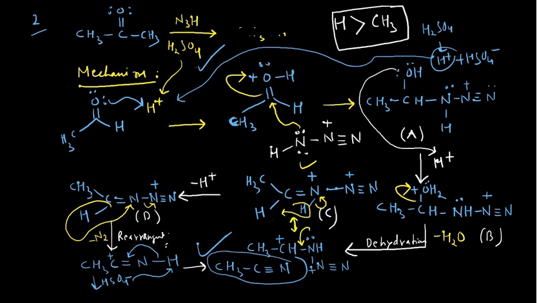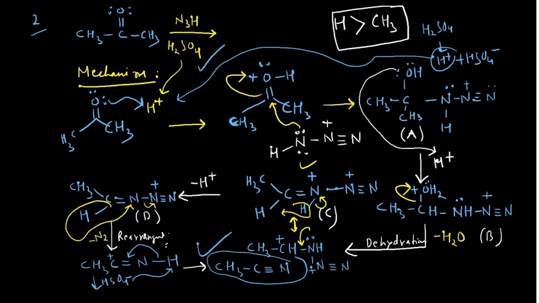So if you write the reaction mechanism in a similar way, you have to convert this into CH3, this into CH3, and of course this will also be your CH3.